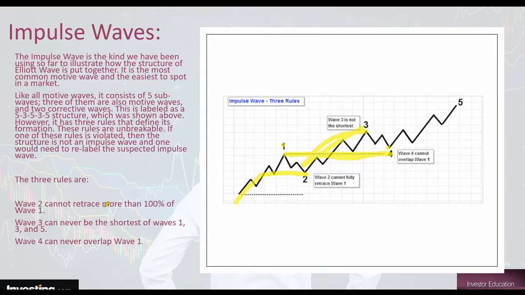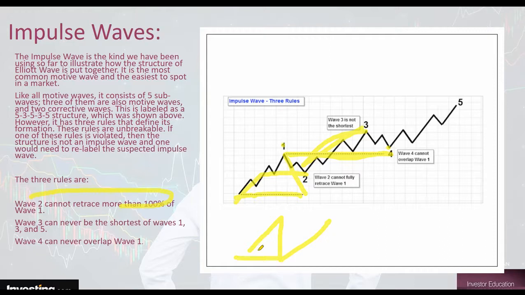Okay, wave 2 cannot retrace more than 100% of wave 1. I'm sorry. It's completely correct. In other words, when we're going into wave 2, it can't fall below this level. I'm sorry, I just got my numbers mixed up. So in other words, you can't have a market that goes up like that and then like that.